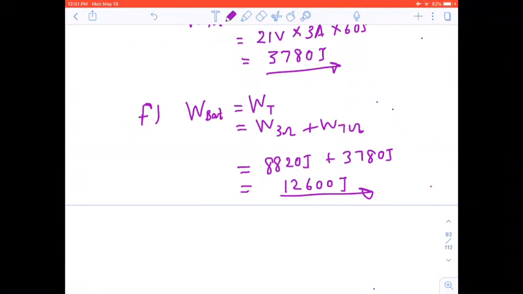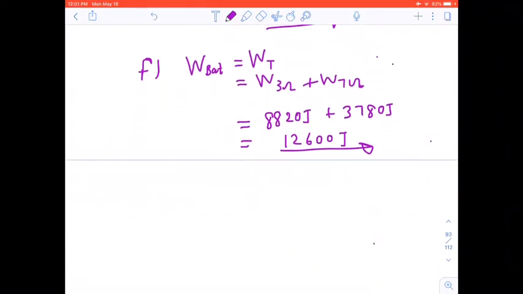So that is the amount of work done. Remember, the energy can be transferred by doing work, or it can be transferred by other modes of delivery. But here, the energy is being transferred by doing work on these components. Okay?